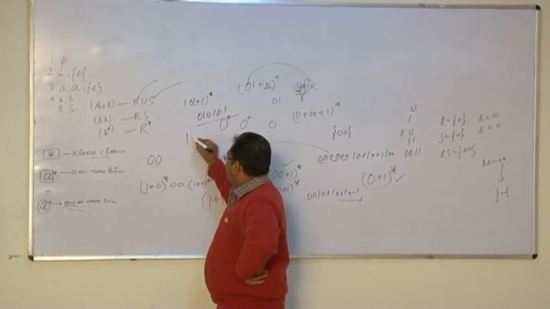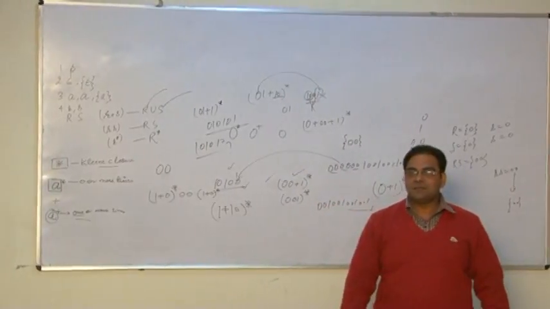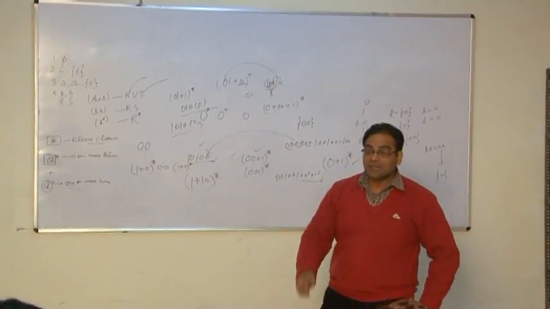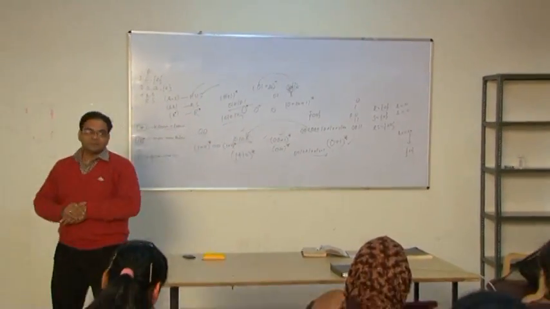Right? But how do I write this? This is also acceptable, isn't it? Here there is no condition of beginning with 1. Plus 0.